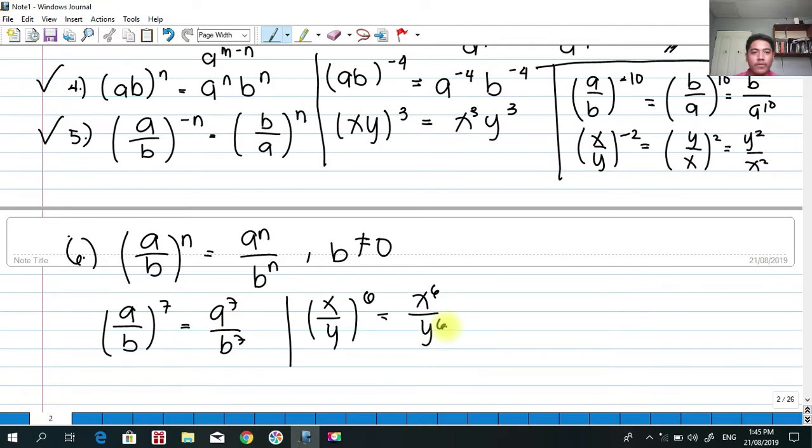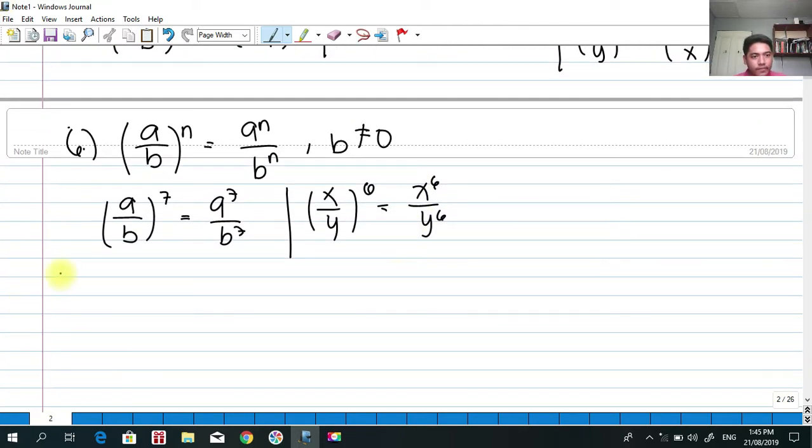For property number 7, we have ab raised to negative n, which is simply equal to 1 over ab raised to n. What happened here is we have to eliminate the negative exponent. So we get the reciprocal of this function, and then we negate also the exponent.